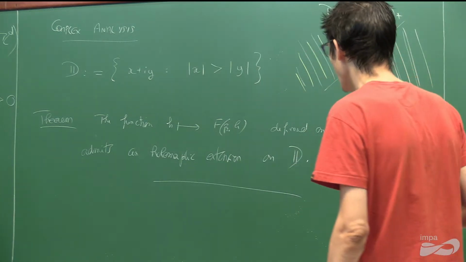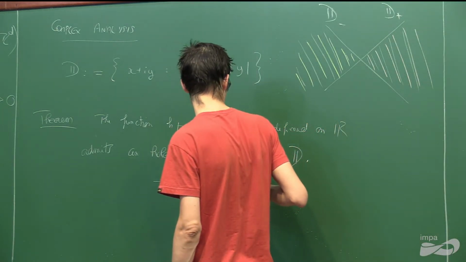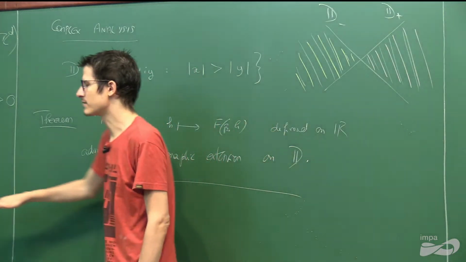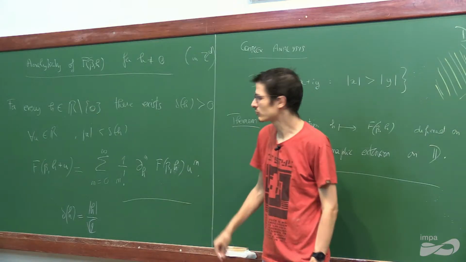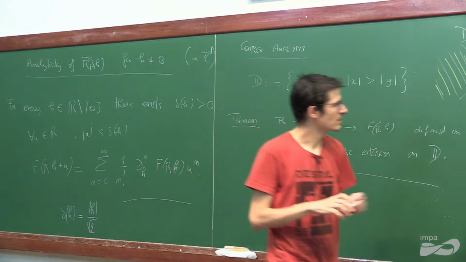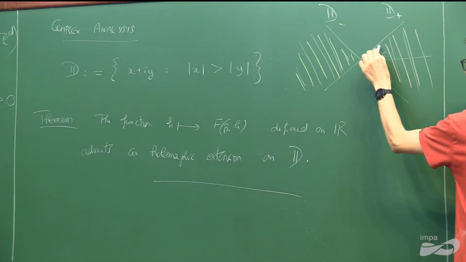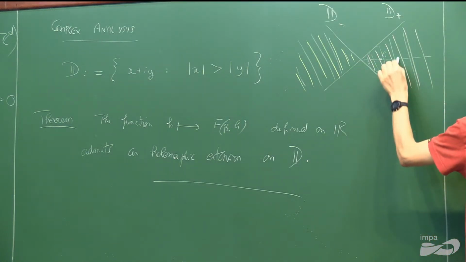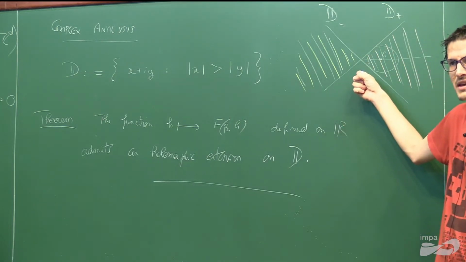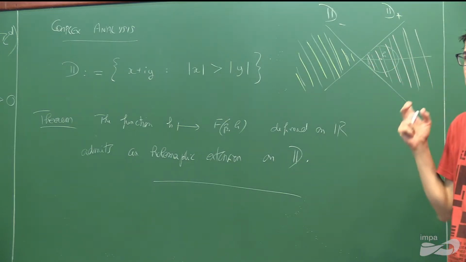Okay. So in particular, if it admits an analytic extension, it means that it's analytic on the real line. And if you want to know the radius of convergence here, you take an h here, and basically you have to know what kind of ball you can put in the domain. And it turns out that the radius here is h over square root of 2.